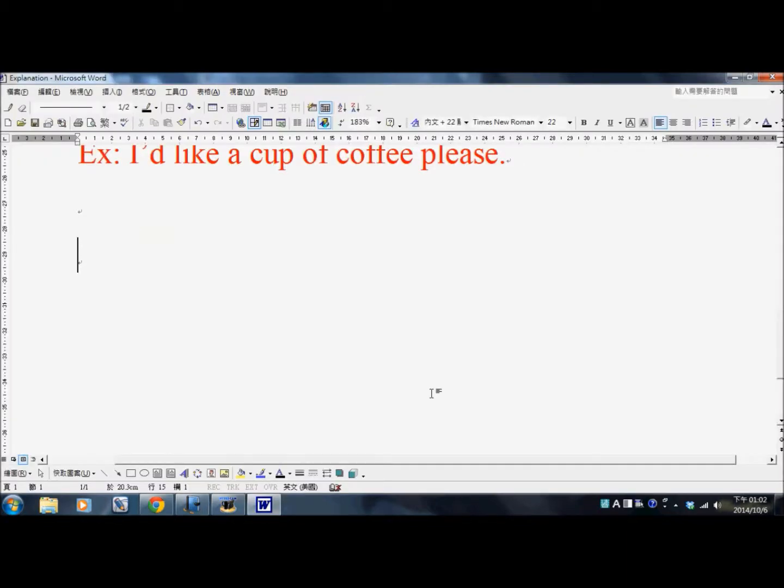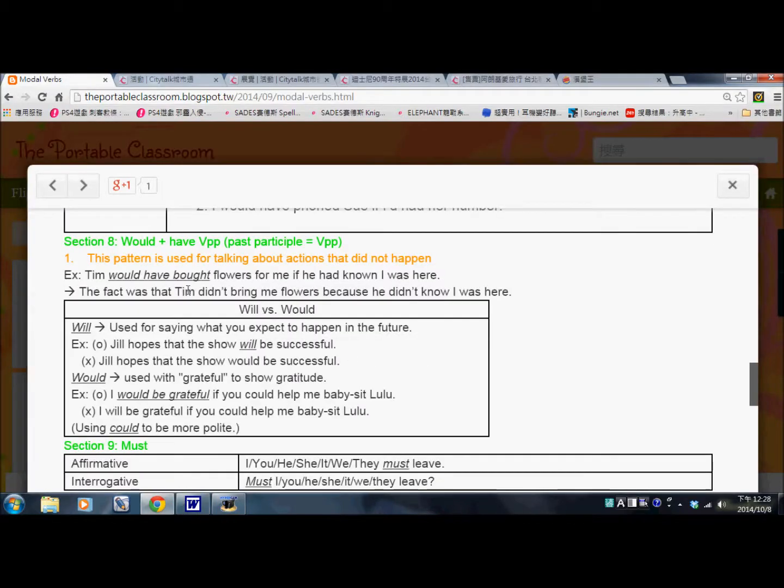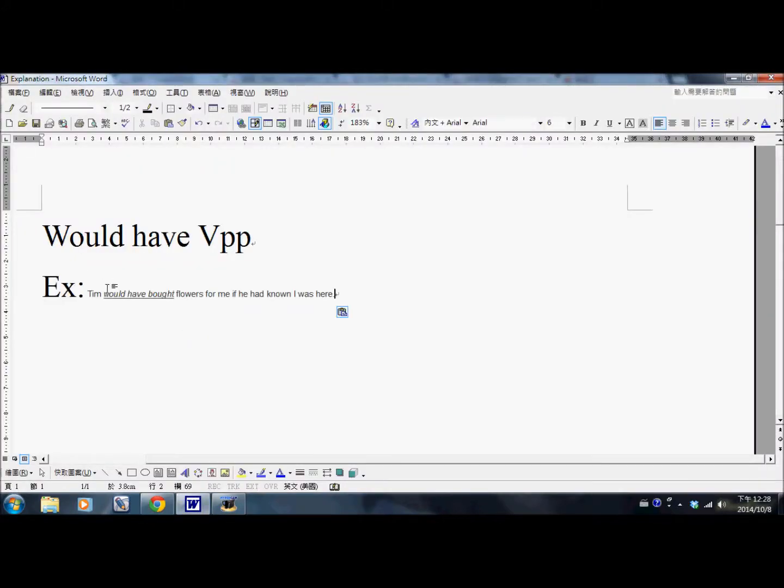Alright, let me explain the idea of using would have with verb PP a bit further. Now we are talking about using would have with verb PP to talk about something that did not happen in the past. An example for would have with verb past participle. Let's look at an example on the lesson plan. Here it says, Tim would have bought flowers for me if he had known I was here. Okay, let's look at this example.